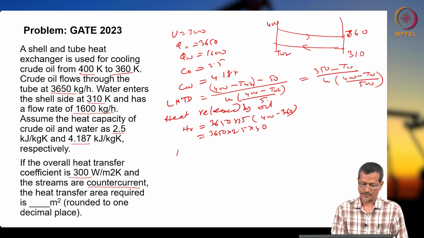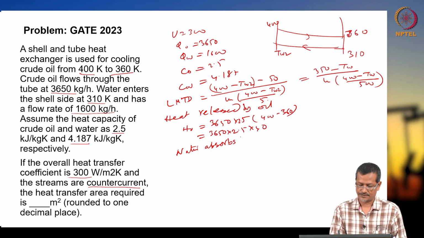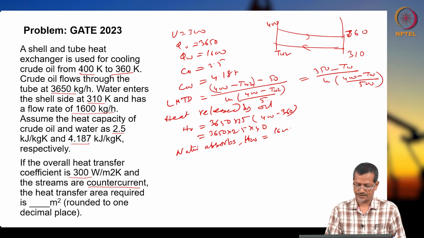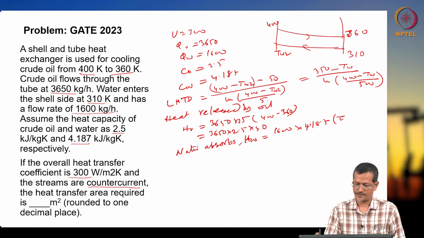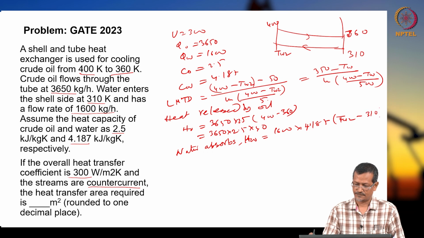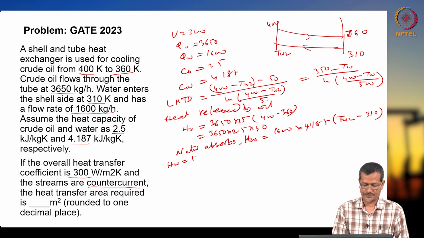The water absorbs HW equals 1600 into 4.187 into TW2 minus 310. Now HW equals HO.